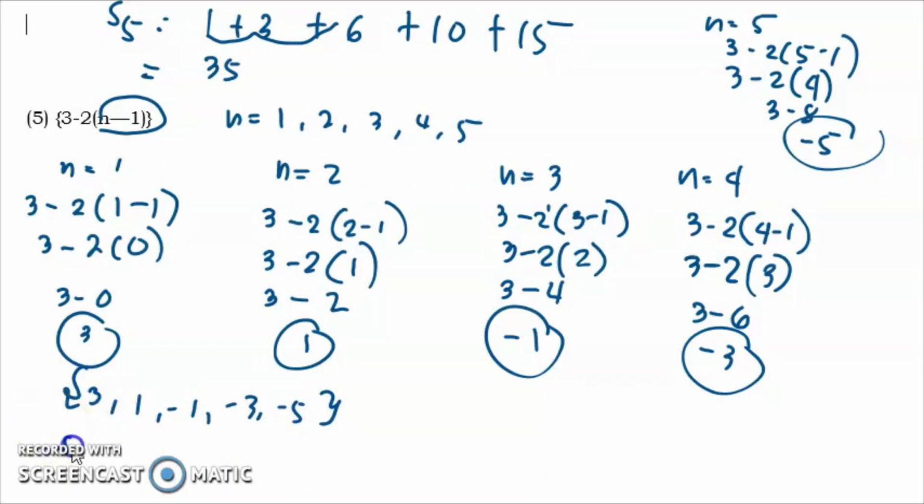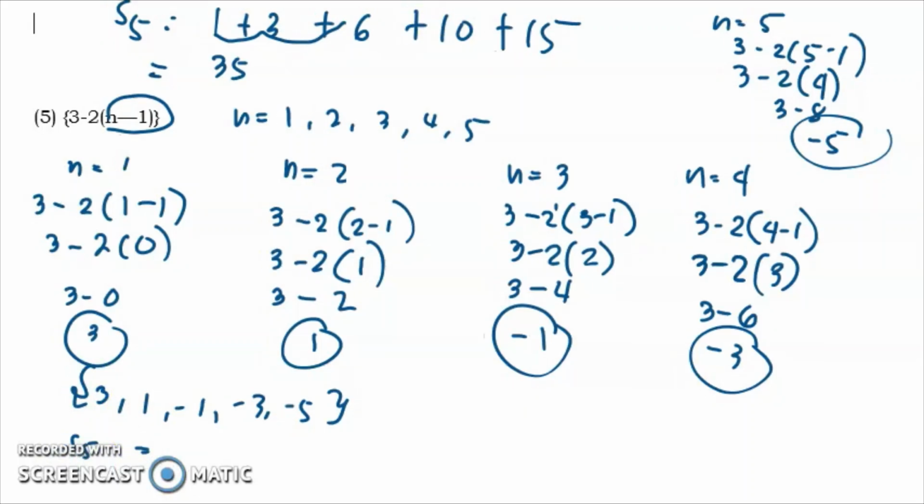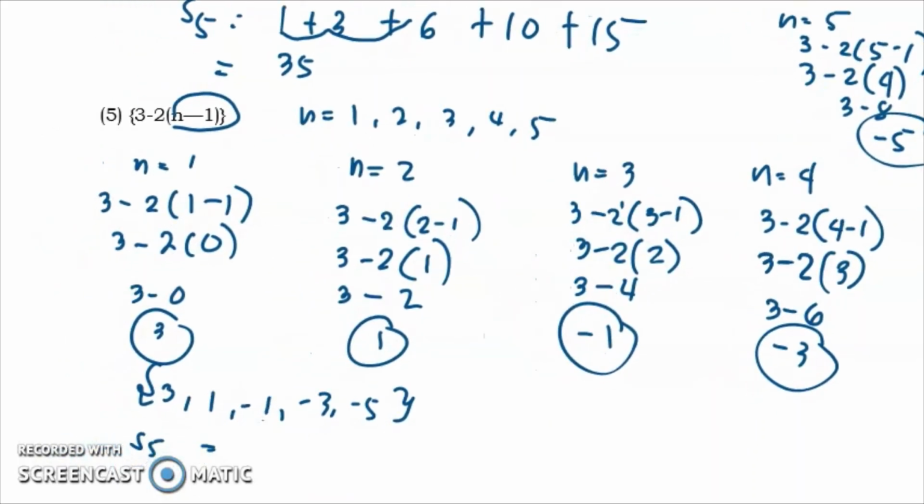And then, for your S of 5, kita nyo pa ba dyan? Teka, adjust ko. Ayan. So, you will have here 3, plus 1, plus negative 1, plus negative 3, plus negative 5. Okay.